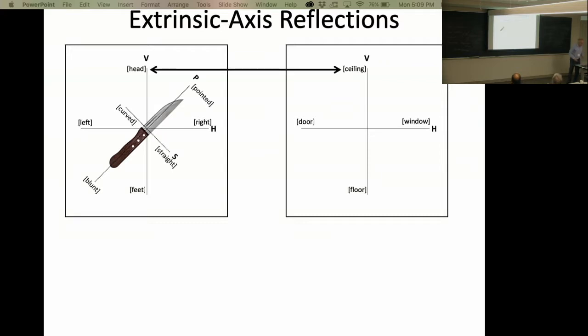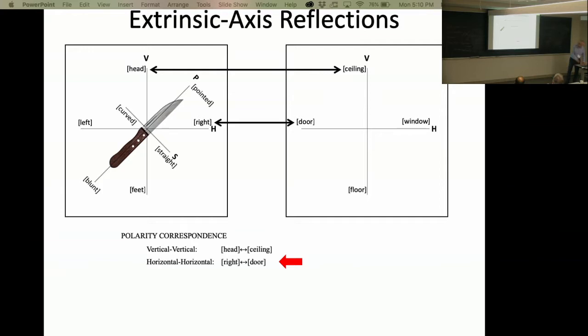So suppose that when I'm trying to do this, which could easily happen, I correctly represent the head end of my body axis being related to the ceiling end of the room's vertical axis, but that I mistakenly map the right side of my body's horizontal axis to the door end of the horizontal axis for the room. So in other words, I set up an incorrect polarity correspondence here.